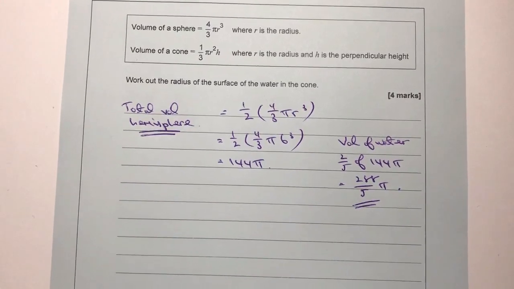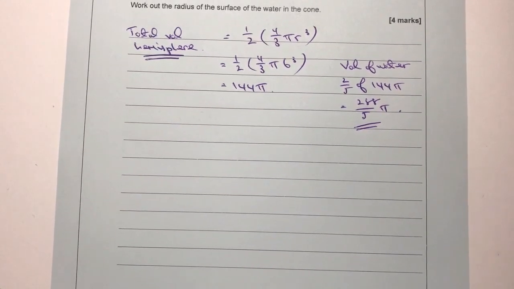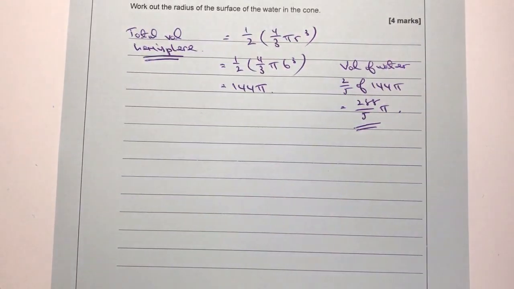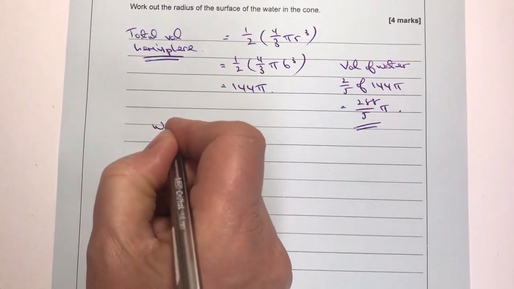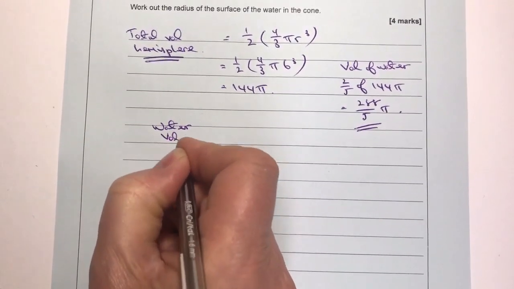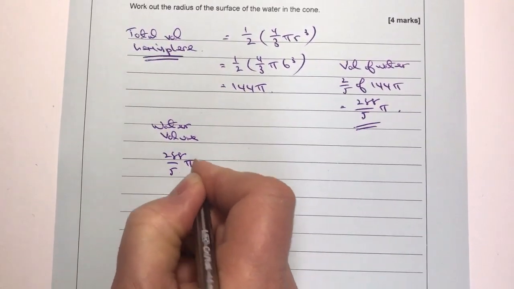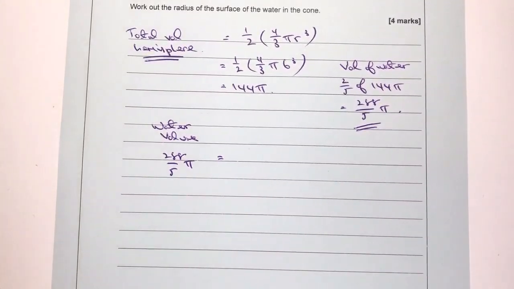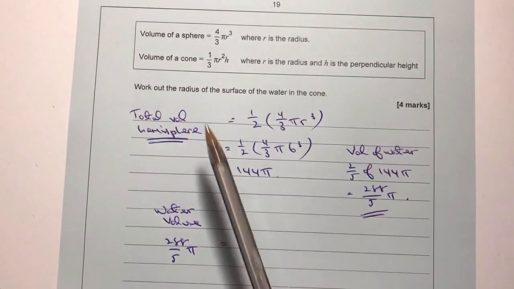Then we've got that the water is poured into the cone. We can use this information to work out the radius of the water in the cone, because the water volume, which we've just worked out as 288 over 5 pi, is going to be equal to the volume of the cone, and it tells you that very helpfully right at the very top.